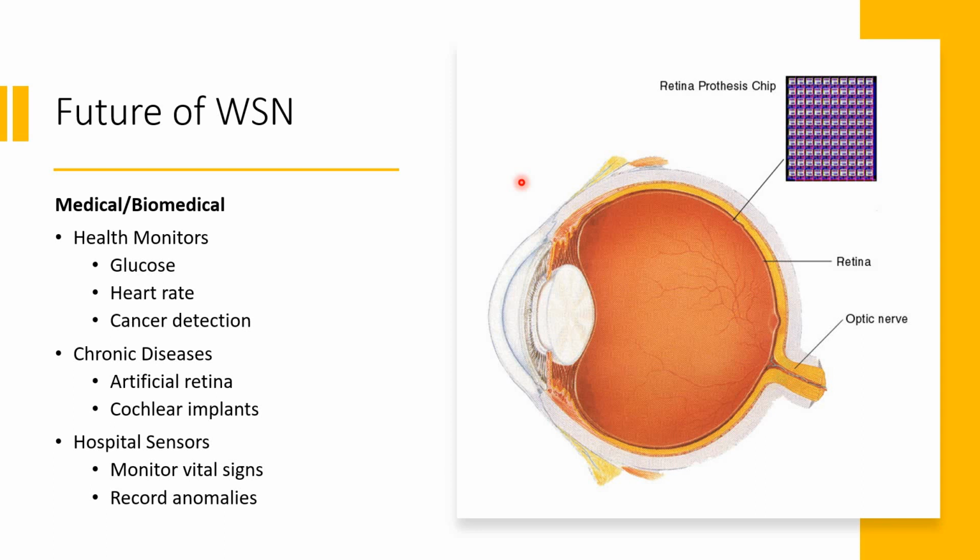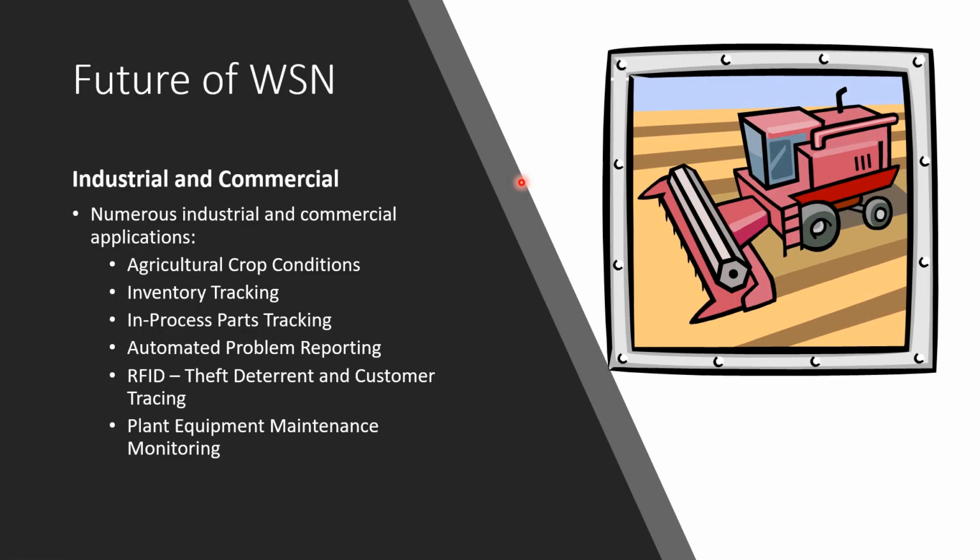So this can be considered an example of a wireless sensor node as well. Other examples of future uses include cochlear implants and hospital sensors to monitor vital signs and record anomalies, etc.